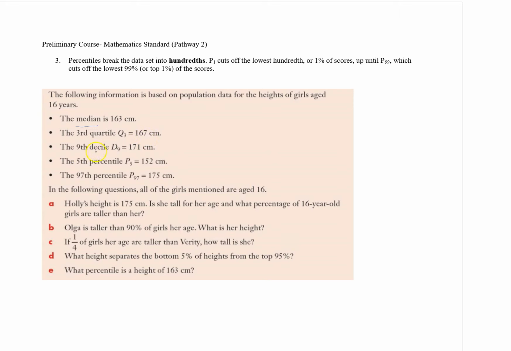The 9th decile, now talking deciles, so lots of tens, and so we'd be talking 90%, measure up to 171. The 5th percentile, 5%, the bottom 5% are only 152 centimetres, but the 97th percentile, that's all but the very top 3%, are up to 175 centimetres.